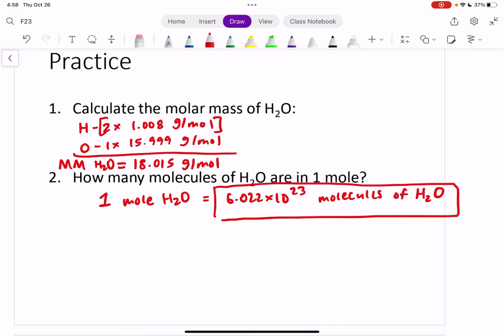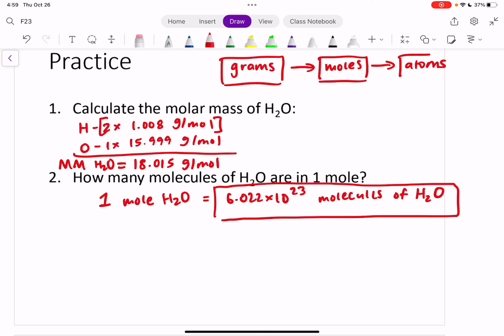Now, the reason that I have these two problems together is because sometimes we're going to want to convert from grams of our substance, any substance, to moles of our substance, and then maybe even to atoms eventually. And we can do that. We can get from grams to moles to atoms.